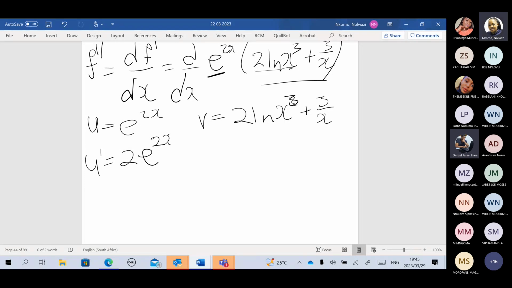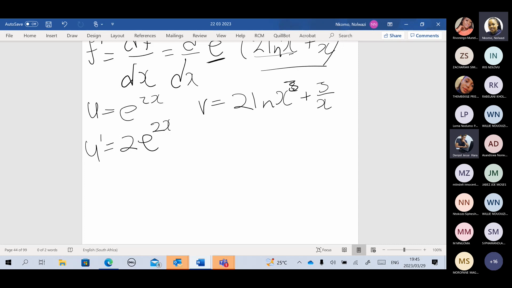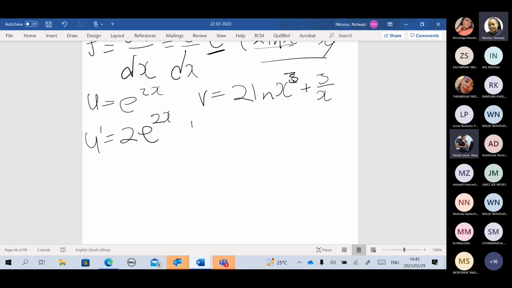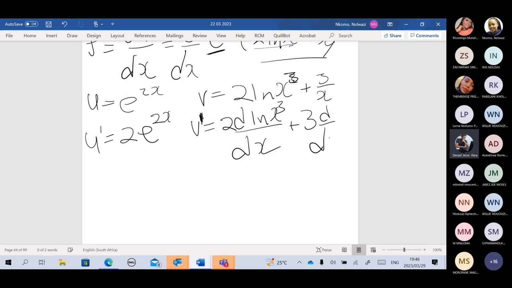We can write v prime as 2 times the derivative of ln x cubed with respect to x, plus 3 times the derivative of x to the power minus 1, because it's 1 over x, right?